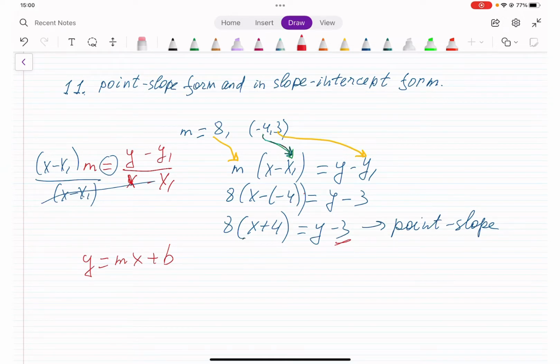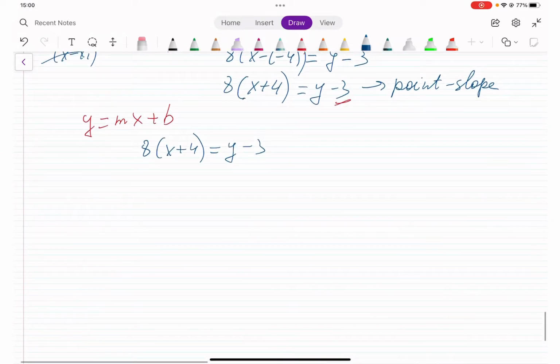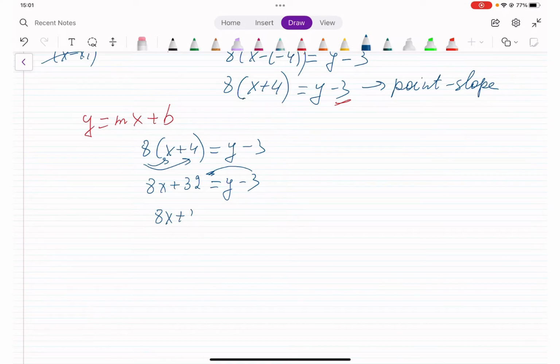Let me write down 8 times x plus 4 equals y minus 3. Let me distribute here. It's going to be 8x plus 32 equals y minus 3. So from here, I'm moving -3 over, and it's going to be +3. So 8x plus 32 plus 3 is equal to y, or 8x plus 35 is equal to y.